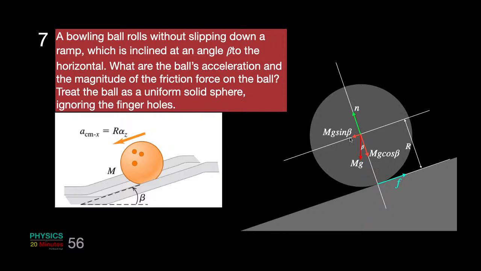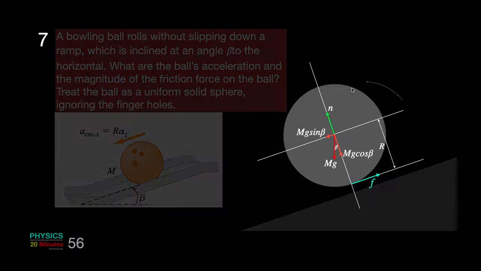One, Newton's law for the linear part of the motion. It's moving on a straight line, so you can write Newton's law as sigma F is equal to ma. And then you can calculate the torque of all the forces, and write sigma tau is equal to I alpha. This is the direction in which it will start rotating.